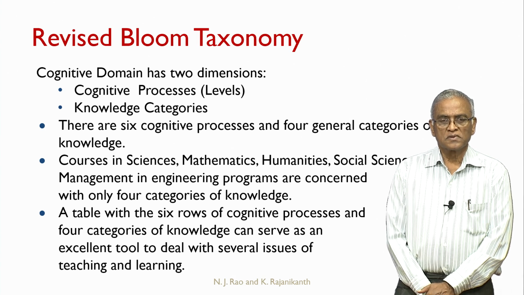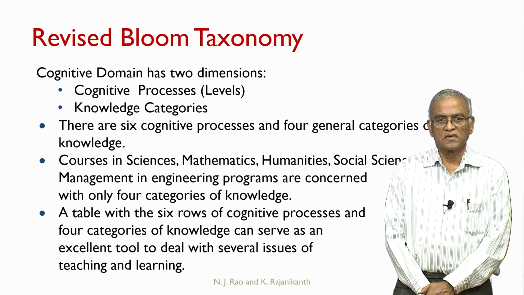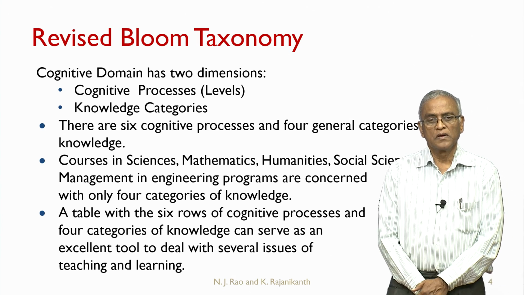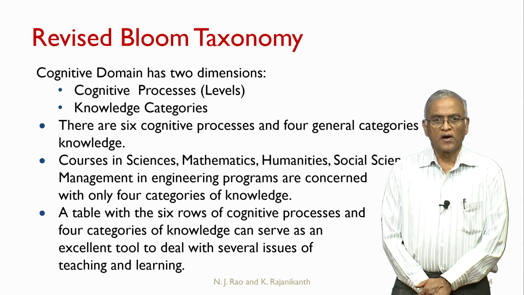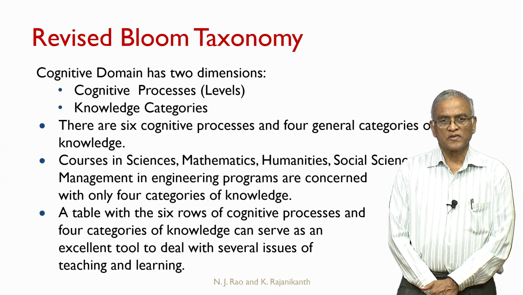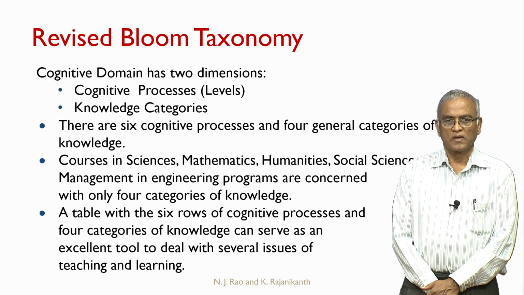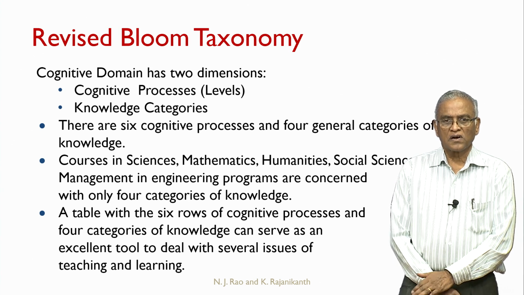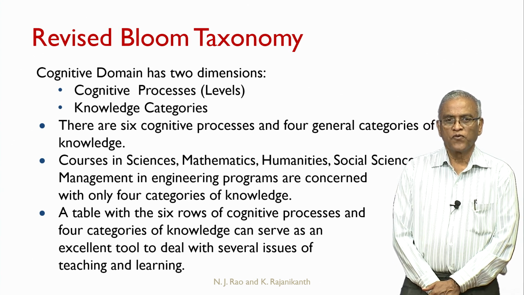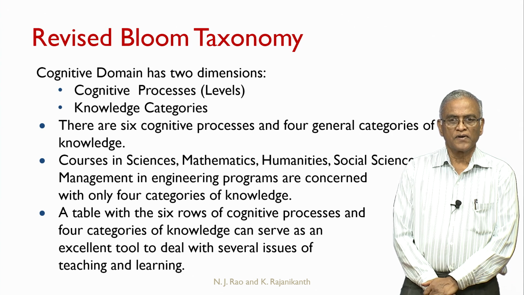Now, to take a relook at our revised Bloom taxonomy, cognitive domain has 2 dimensions: cognitive processes and knowledge categories. There are 6 cognitive processes and 4 general categories of knowledge.